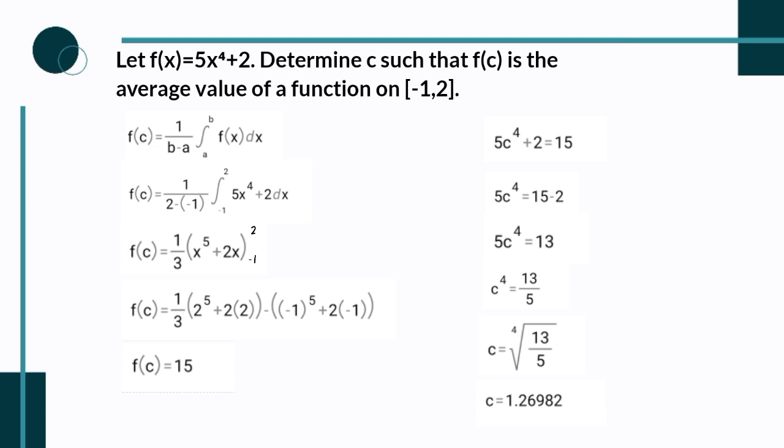Therefore, our c lies inside the interval between a and b, which means the answer we got for this function is correct. I hope the listeners understand what the mean value theorem for integrals is. Thank you for listening.